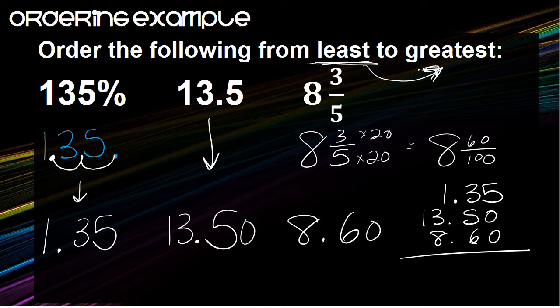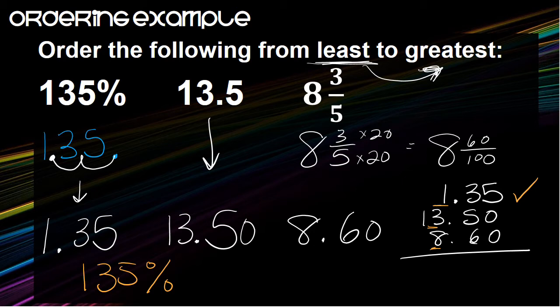When I compare the ones place to start, 1 and 35/100ths is the smallest, but we're going to write that as a percentage. So I can write 135% is first. I'm going to check that off, know that I did that one.